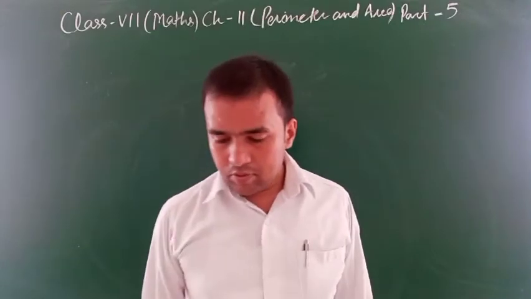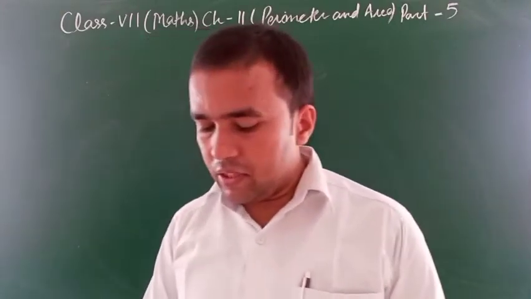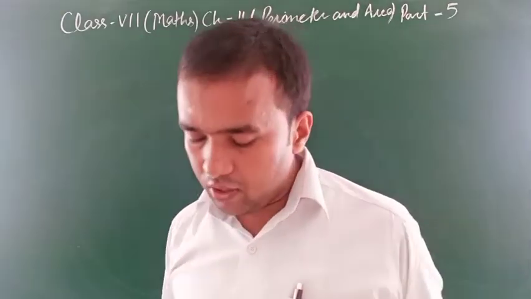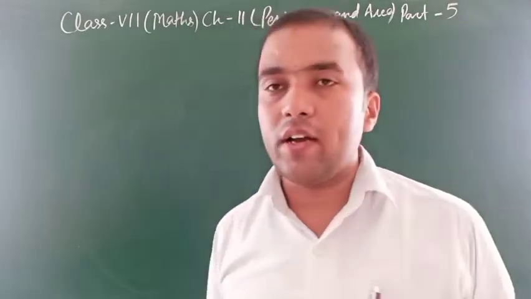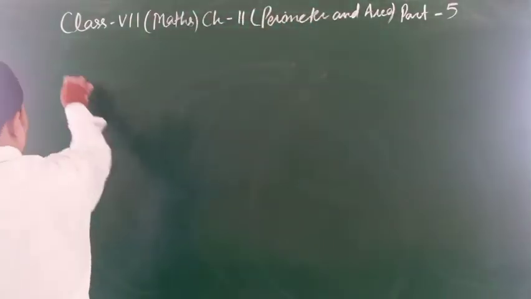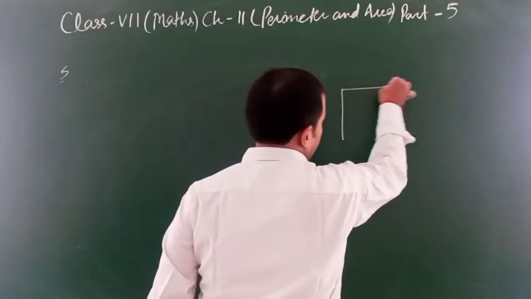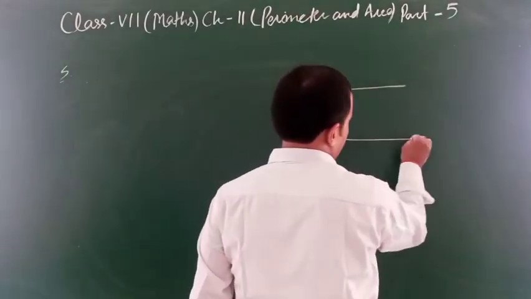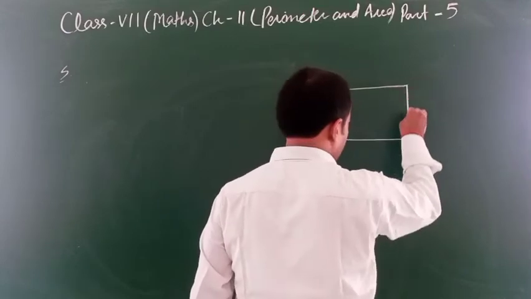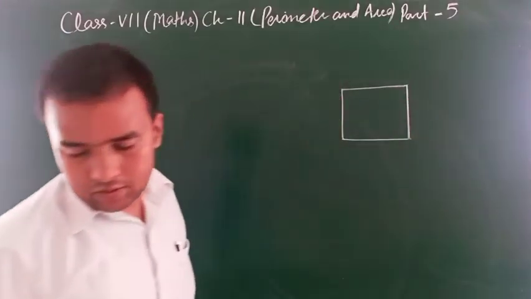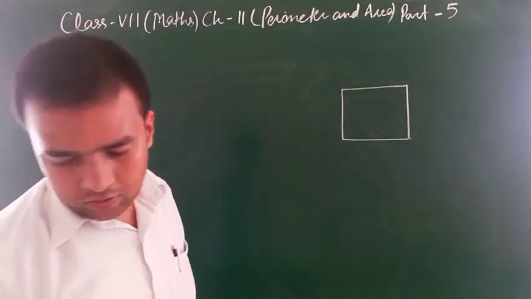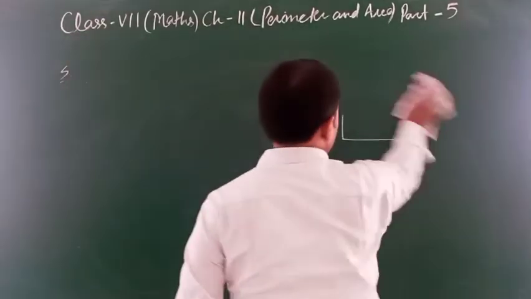Question number 5. A path 1 meter wide is built along the border and inside a square garden. One square garden is given.